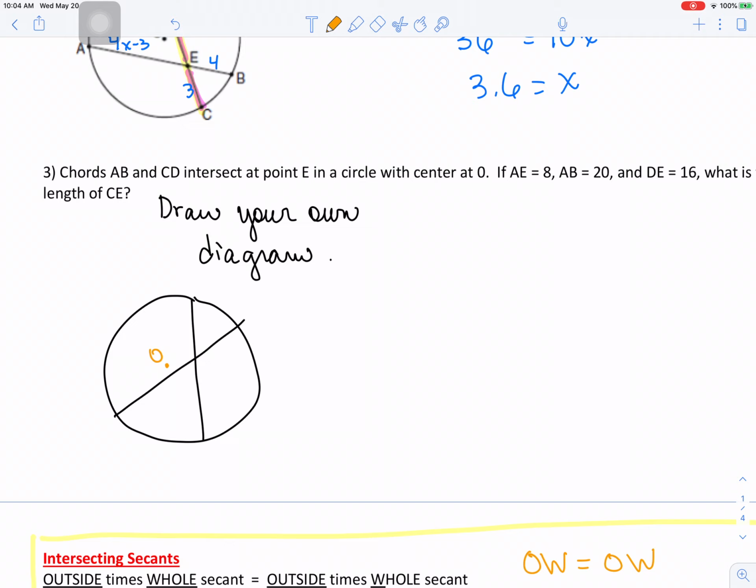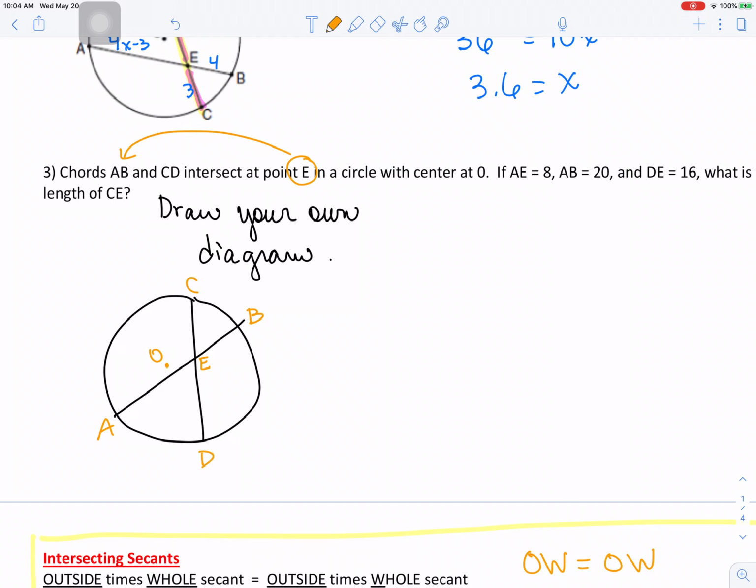Okay, so they intersect at E, so I'm going to name E first. One of the chords is AB. It doesn't matter which one you name AB, but make sure your A goes to B. You don't do A and then put B over here. That would be incorrect. Okay? And then CD is the other one.